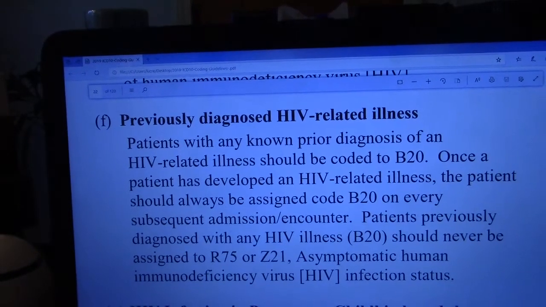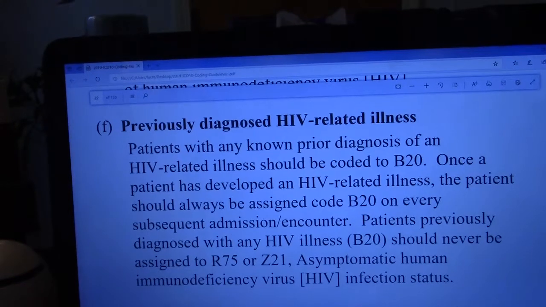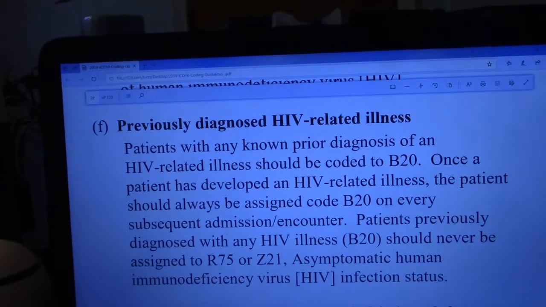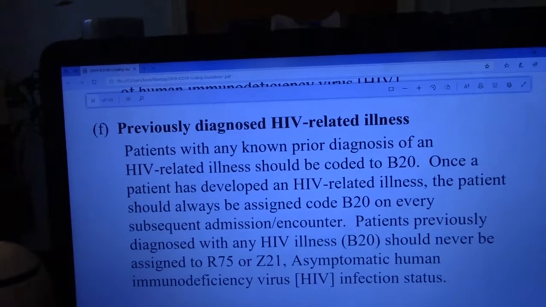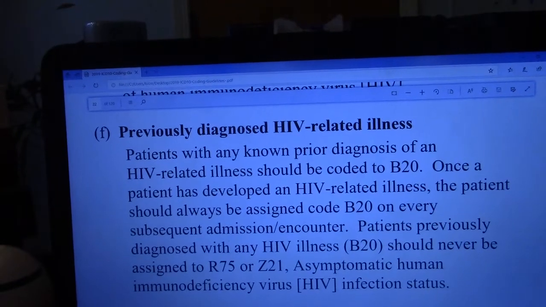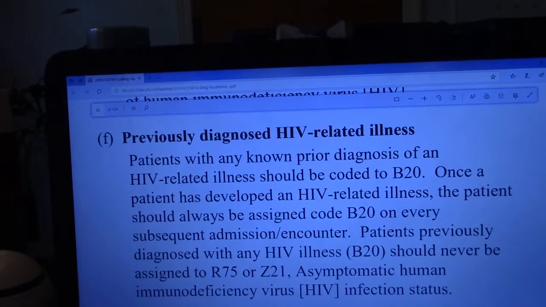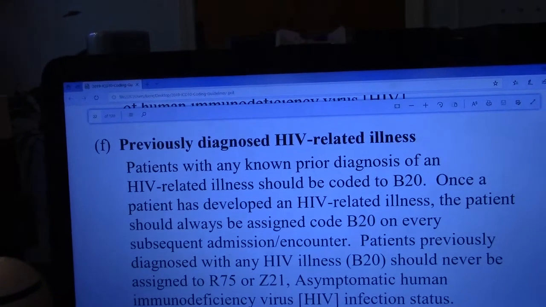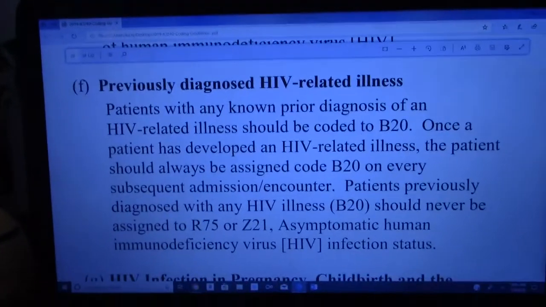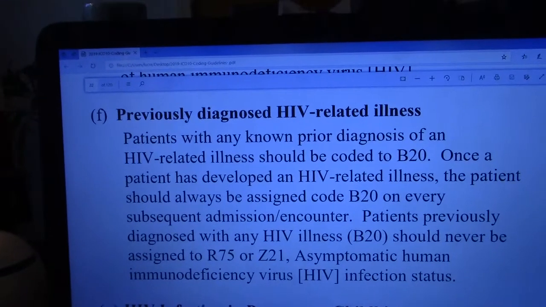For patients previously diagnosed with any HIV illness, B20 should never be assigned to R75 or Z21, asymptomatic human immunodeficiency virus HIV infection status. All right, so let's put that in our terms.